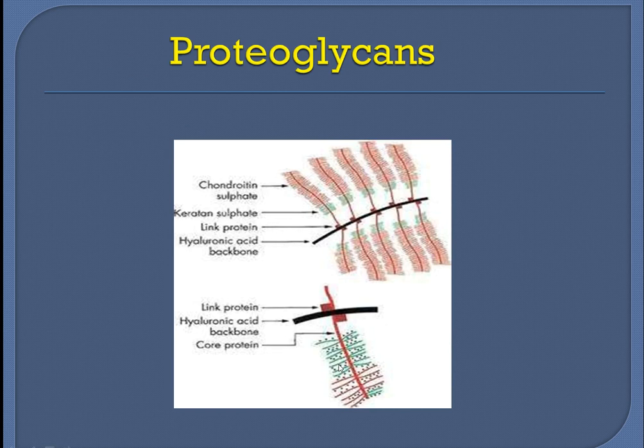The next is proteoglycans. You can see in this figure, proteoglycans consist of a core protein. This is the core protein with chondroitin sulfate attached here, keratan sulfate attached here, and hyaluronic acid is the backbone to which all these core proteins are attached.